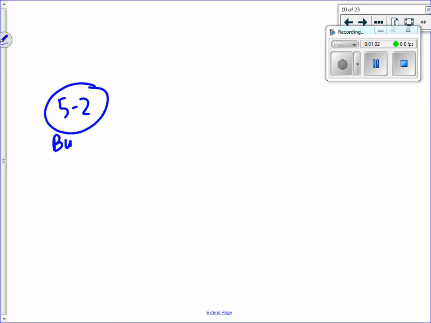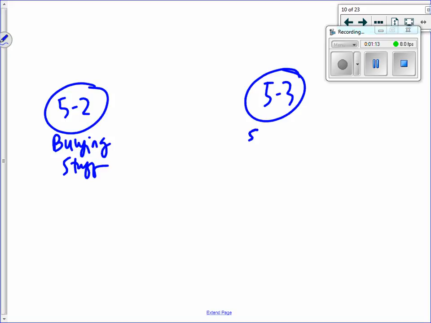Five two was all about buying stuff. The section we previewed yesterday and we're going to actually do today is all about selling the stuff. There's two ways to buy and sell. We could use cash to do all of it, or we can charge it.